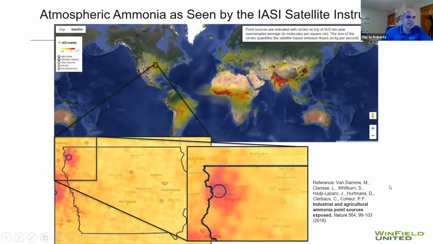So I threw this in here. I thought this was kind of interesting from a couple years ago. Even from satellites, they're able to use different sensors to scan the amount of ammonia in the atmosphere. And so this is something from a couple years ago that we saw. Went to the website to see. Some people pointed out, hey, some of these dots look like they're from Iowa area.